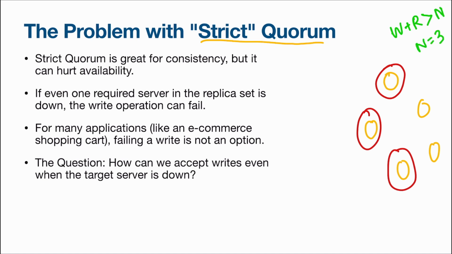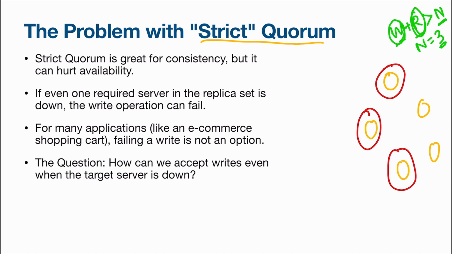That means that all of the write requests have to be acknowledged by W number of replicas. All the read requests have to be accepted by R number of replicas, and the sum of W plus R has to be greater than N, which is 3 in this case, in order to make sure at least one of the reads has the latest data.